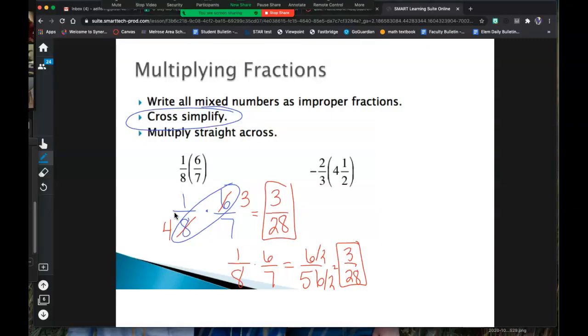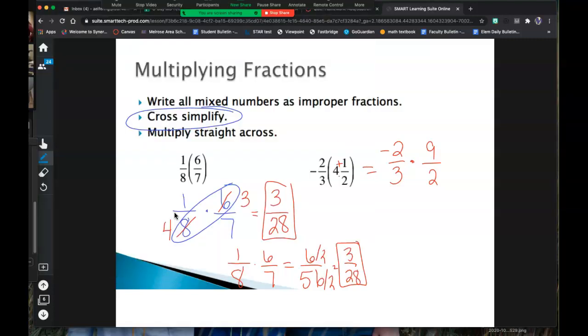Okay, so looking at the second one, negative 2 over 3, times, I'm going to change 4 1/2 to an improper fraction. So 2 times 4 is 8 plus 1 is 9/2. Now, if you recognize that you can simplify here, it's going to make your problem a lot easier.